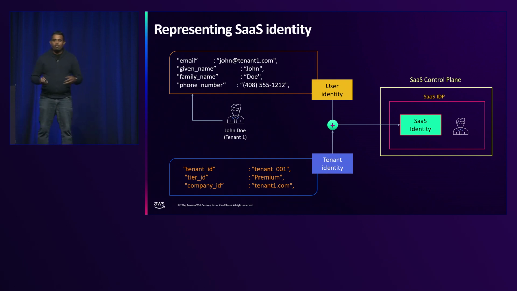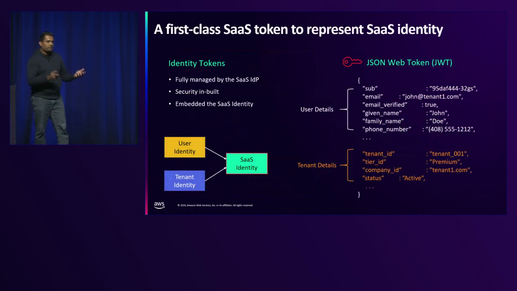There are multiple ways of implementing this, but if your SaaS IDP supports token-based identity operations, we can easily leverage something like a JSON Web Token to represent the SaaS identity of the users, and then issue these tokens to them so they can use these tokens to work efficiently with the SaaS application. These tokens are generally managed completely by the SaaS IDP, and they have security built in by default.